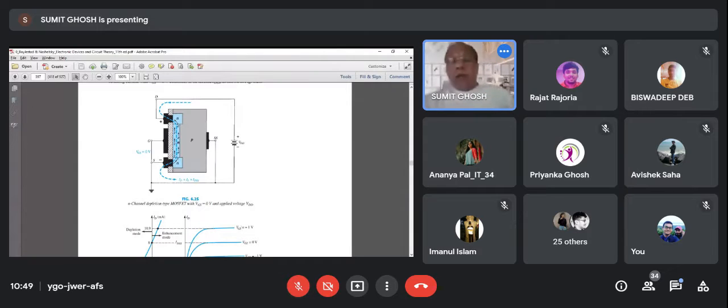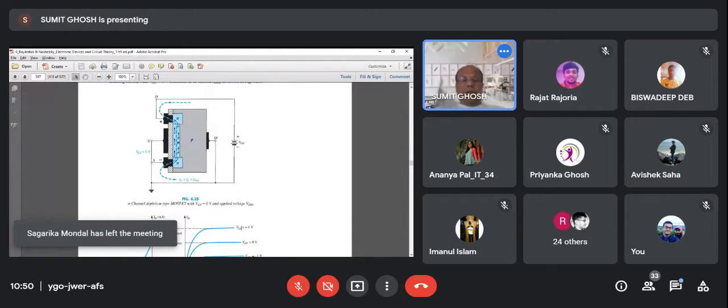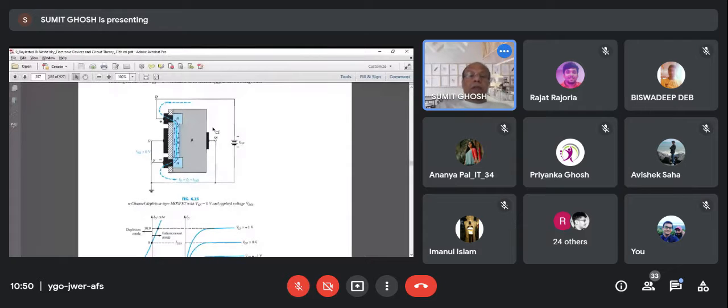Very good. And what is the input parameter? VGS. Very good. So we'll have a curve of ID versus VGS.